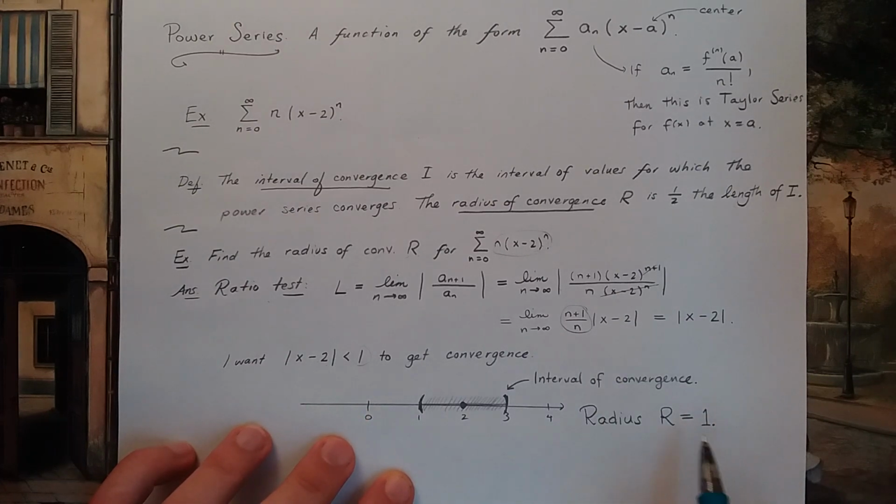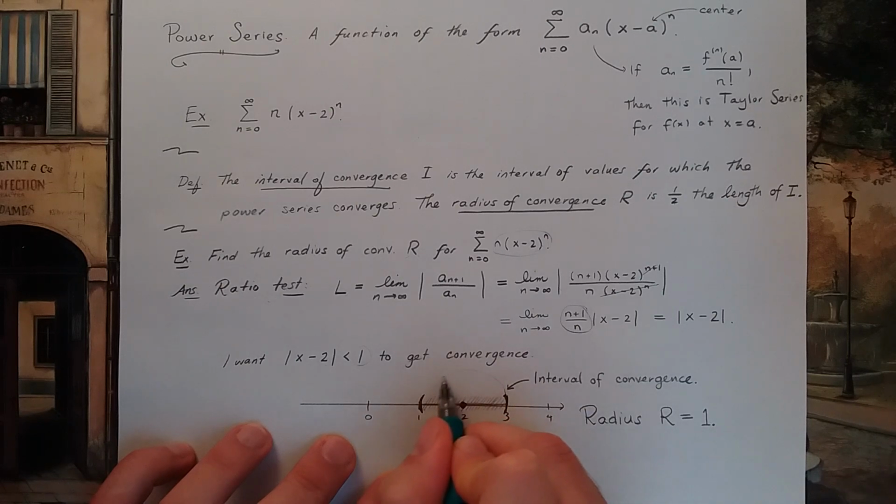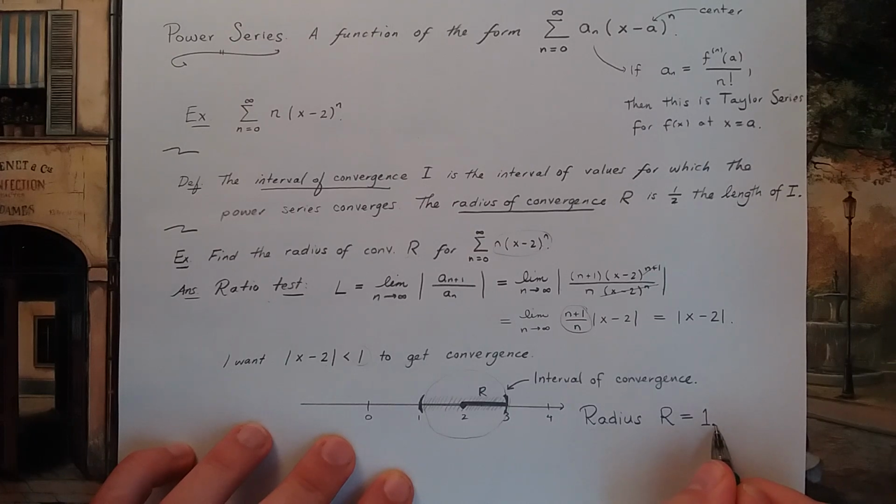You might ask, why is the term radius applied to this situation? Well, if you have a center at 2 and you imagine drawing a circle with that center, the radius of the circle will be half the length of the interval. So the radius of convergence here is 1.